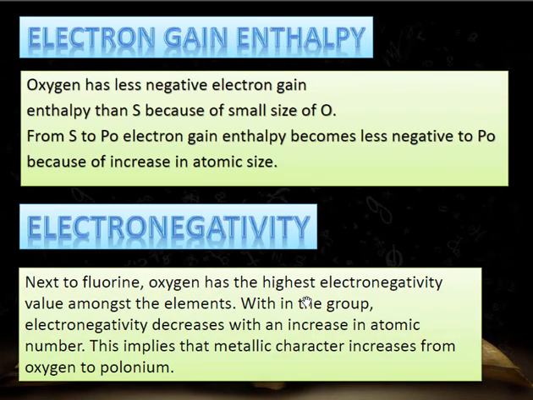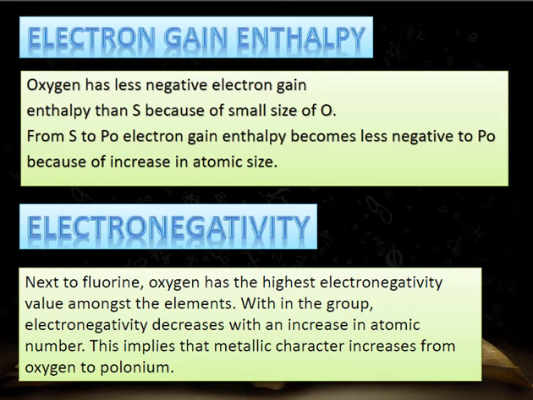Now the next one, electron gain enthalpy. Oxygen has less negative electron gain enthalpy than sulfur because of the small size of oxygen. From sulfur to polonium, electron gain enthalpy becomes less negative because of the increase in atomic size. What does it mean?